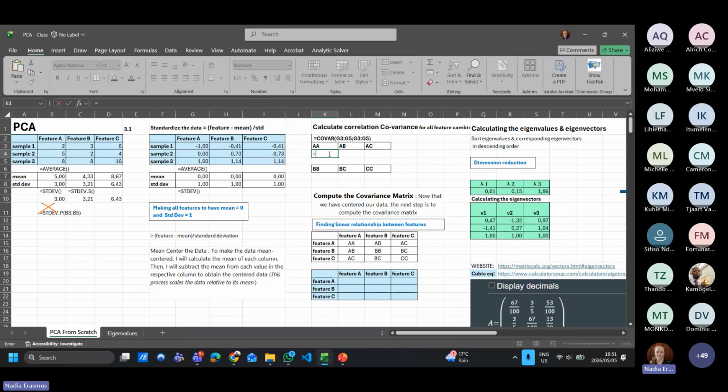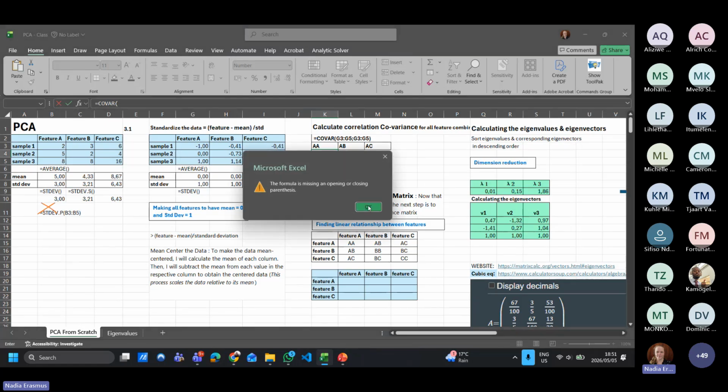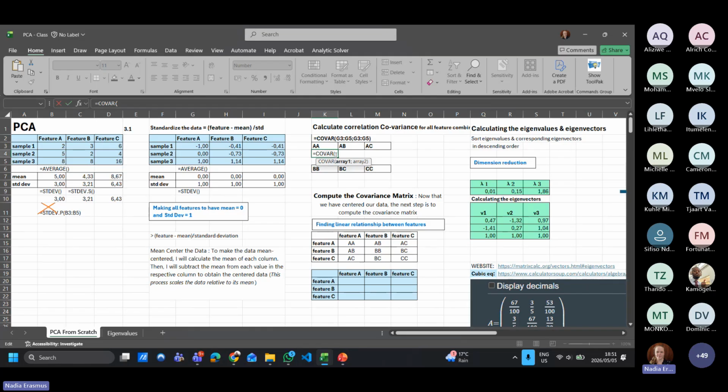We're going to get our covariance for A and A. So we're going to have equals covariance.S, not P. This is an S, not a P. Covariance, and it's A and A, so it's going to be feature A, comma, feature A again. Okay, so that is correct.